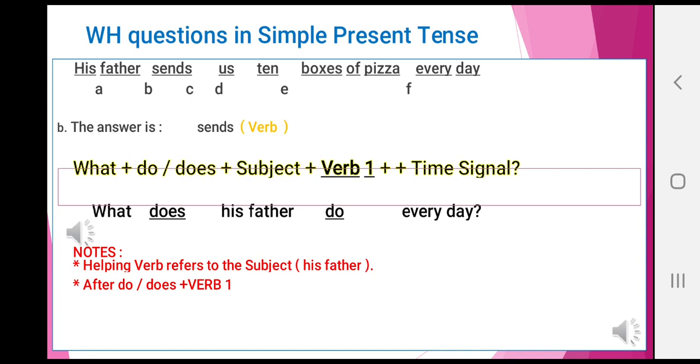As I told you before, in present continuous tense, if the answer is a verb, we just use "do". Remember? For present continuous tense, we use "doing", but for simple present tense, we use verb 1, "do". What does his father do every day?